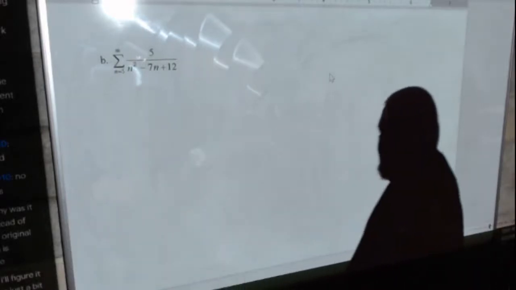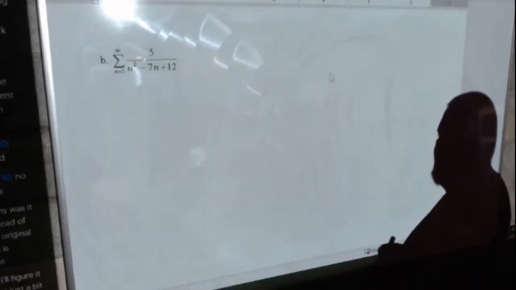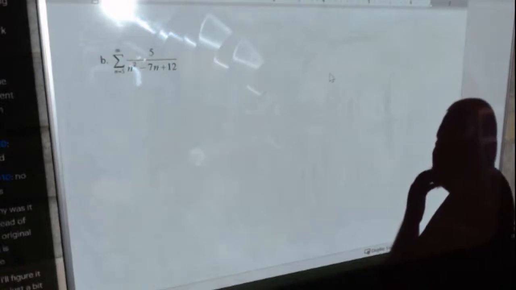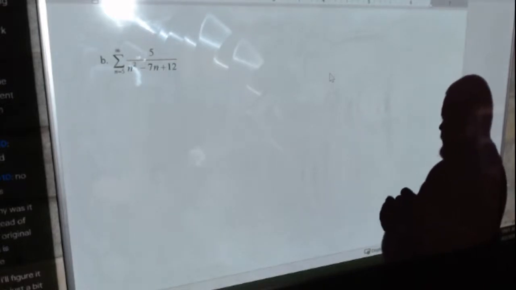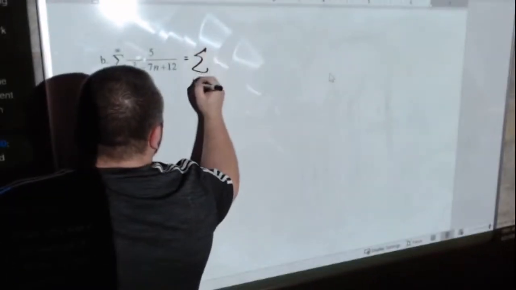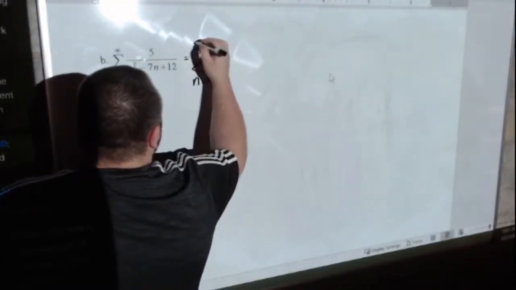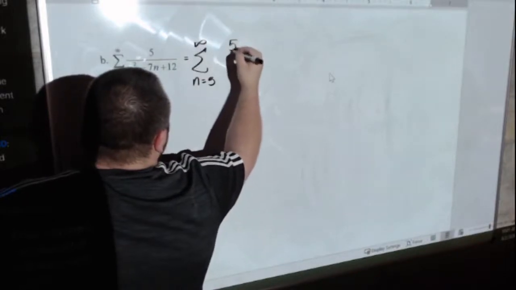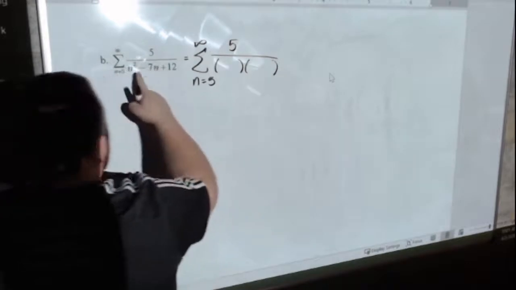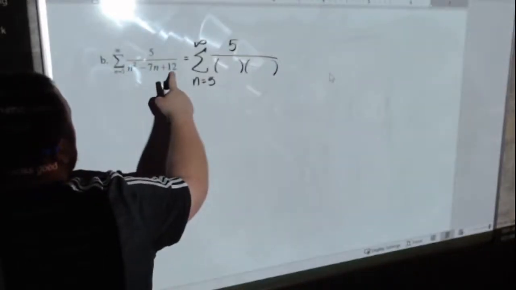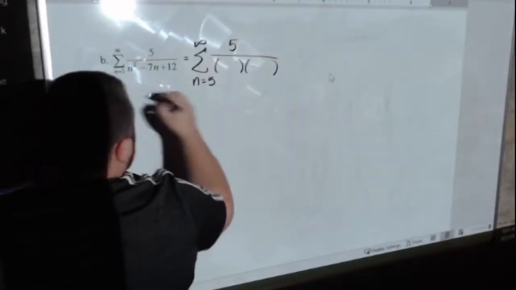So I've got 5 over n squared minus 7n plus 12. So first, we would want to try and factor that. So I've got two numbers that multiply to 12, add to negative 7.